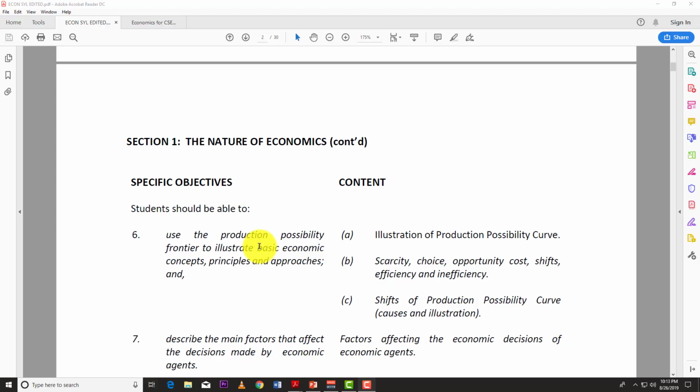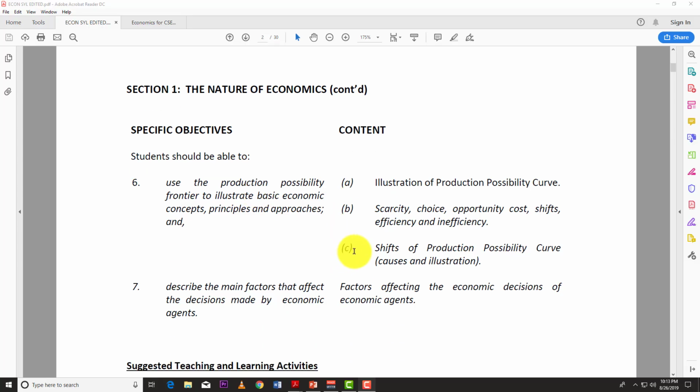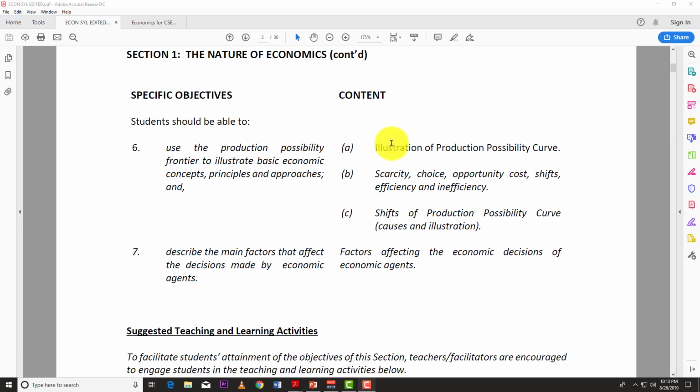In some textbooks it's called the PPF, or the production possibility frontier. It depends on what book you're looking at, but they're all one and the same. In objective 6 we are going to be looking at content A, illustration of the production possibility curve.